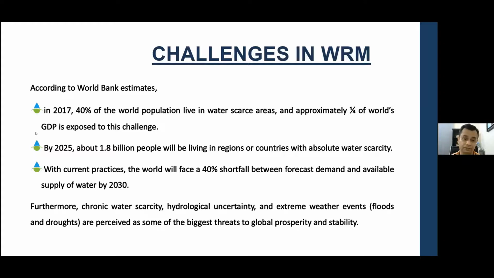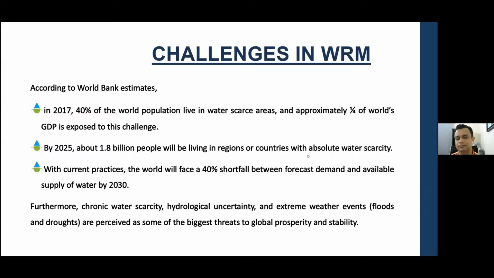That is a very big percentage of people living in water scarce areas, and approximately one quarter of the world's GDP was exposed to these challenges. This was a very crucial situation around 2017, but by 2025 conditions will be much worse. About 1.8 billion people will be living in regions or countries with absolute water scarcity.